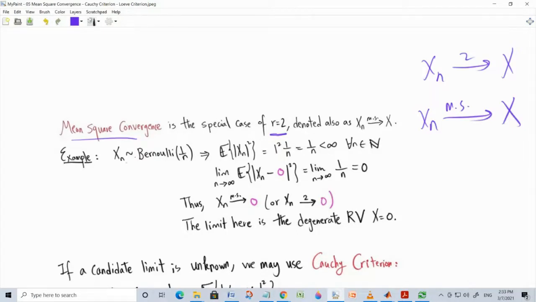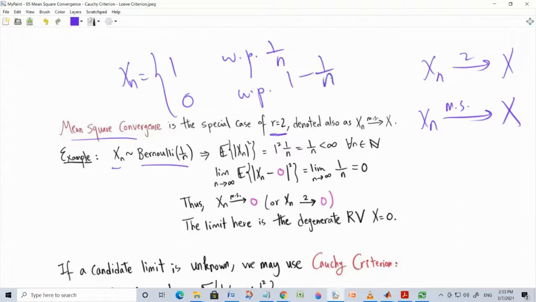Let's take an example. Let Xn be Bernoulli with parameter 1 over n. So basically, Xn is 1 with probability 1 over n and 0 with probability 1 minus 1 over n. The question is, does Xn converge in mean square to 0?